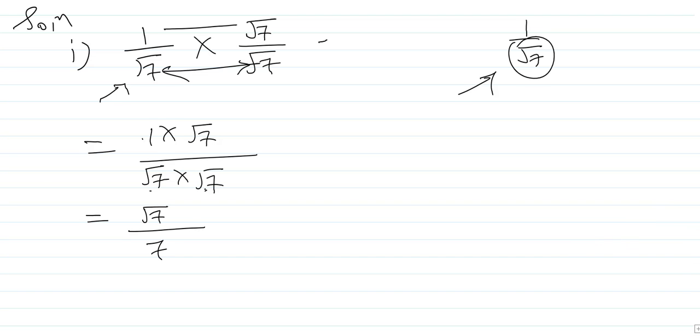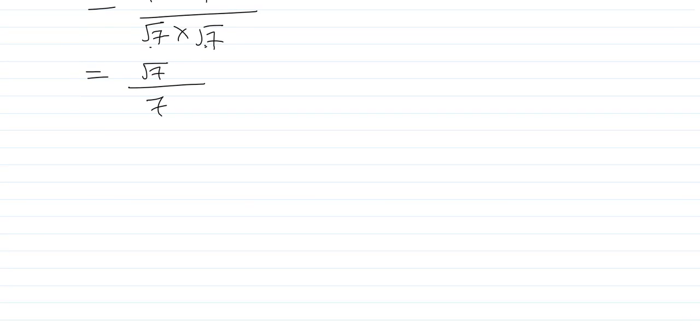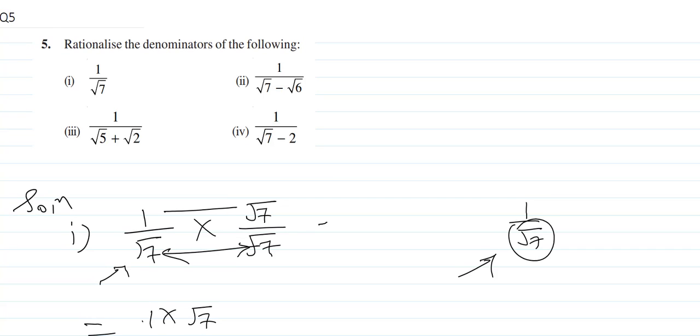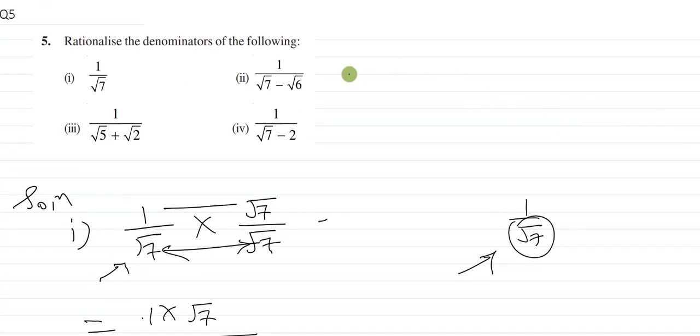So let's take the second example. Let's take another example on our own. If 1 by root 2 is there, how to rationalize the denominator, or how to take out this square root from the denominator?